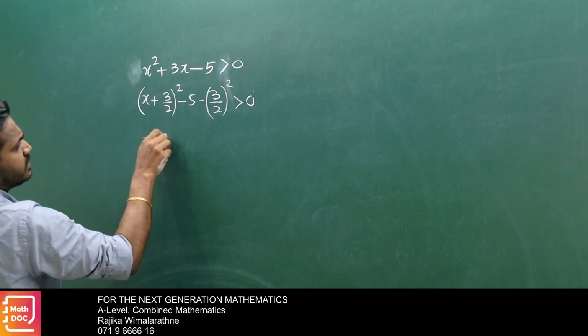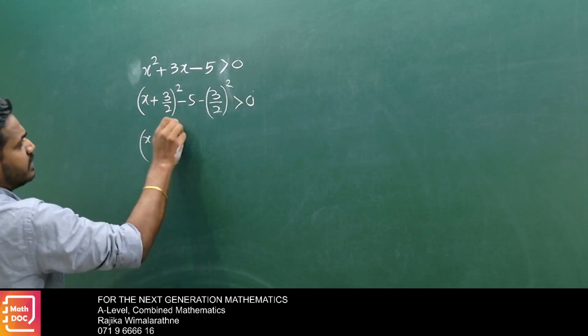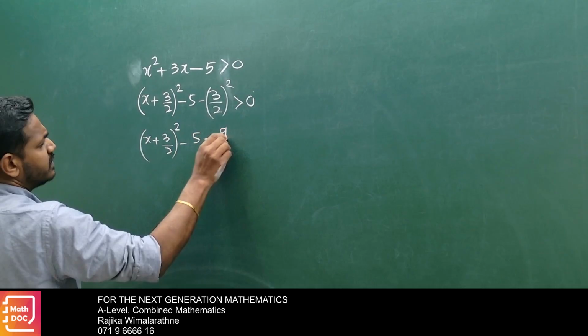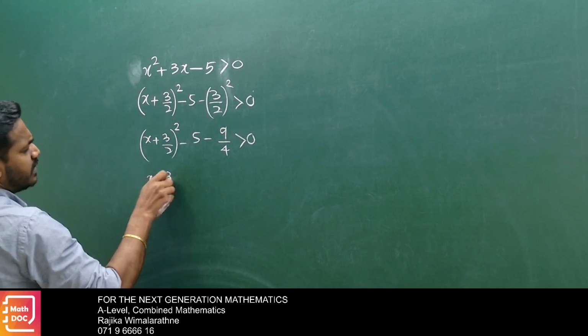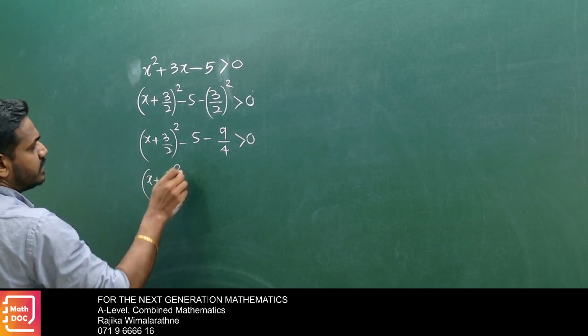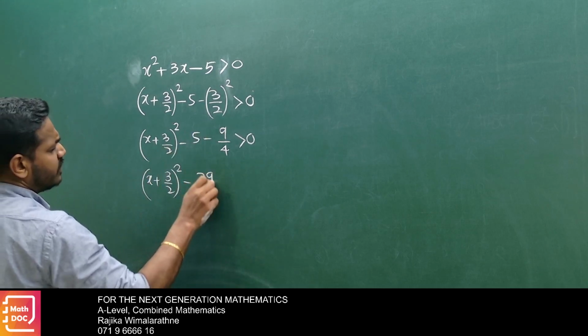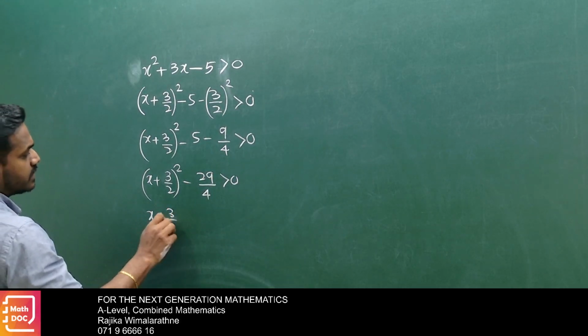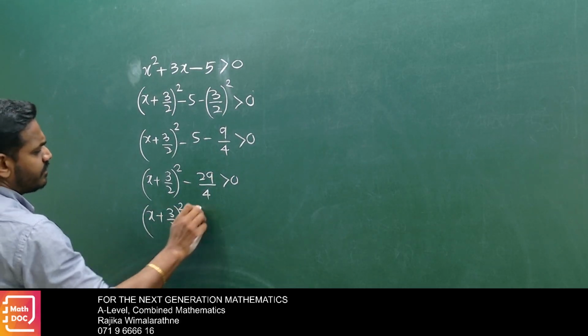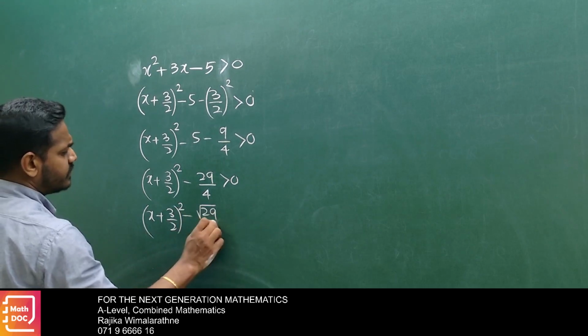Then (x + 3/2)² − 5 − 9/4 > 0. (x + 3/2)² − 29/4. Then (x + 3/2)² − (√29/2)².